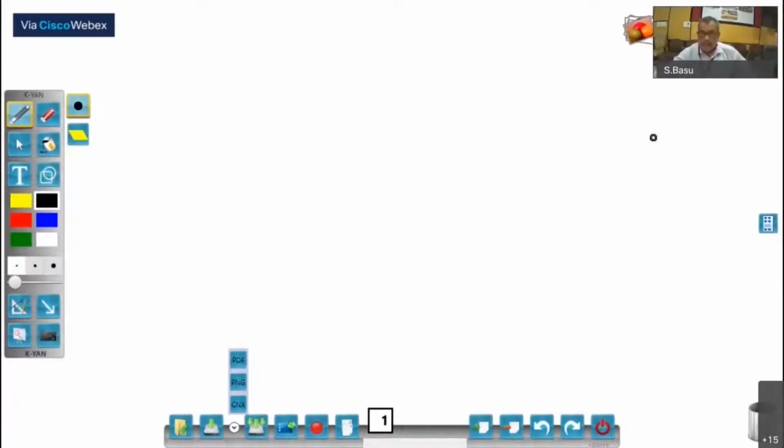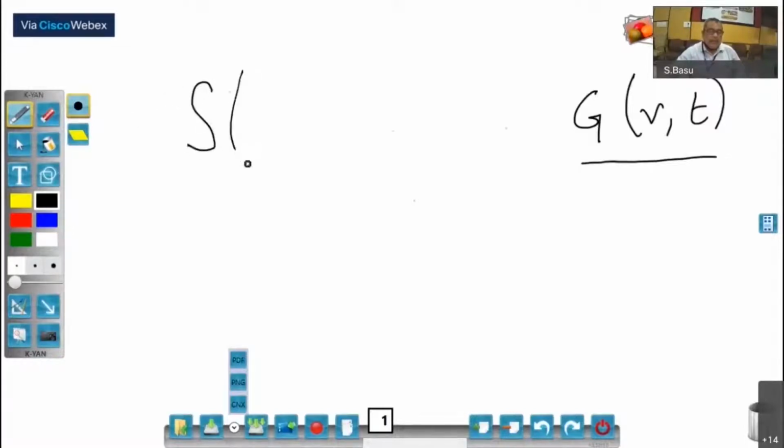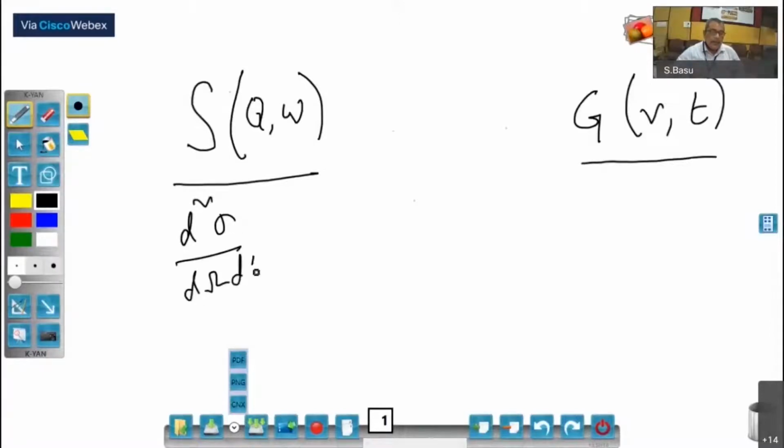So I have a g of rt. Again and again I am writing g of rt. Those who are familiar with quantum mechanics know the term Green's propagator. I'll come to the physical description shortly. And I have got an S of q omega, the scattering law. This is related to d2 sigma d omega dE.